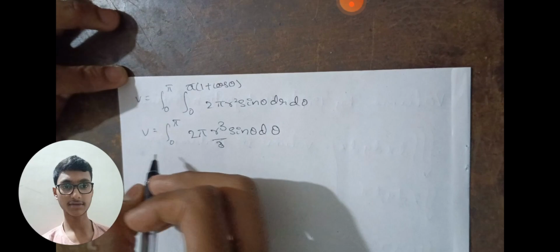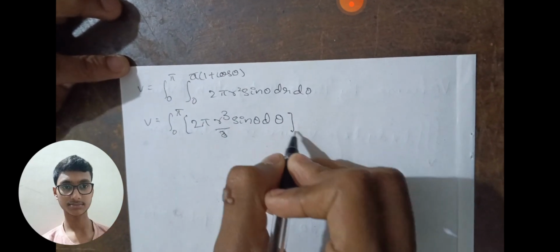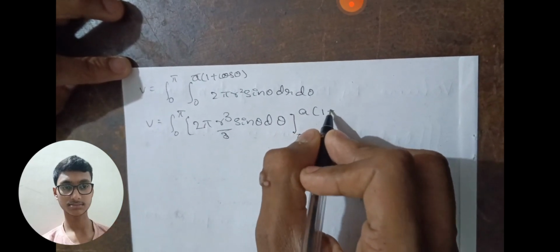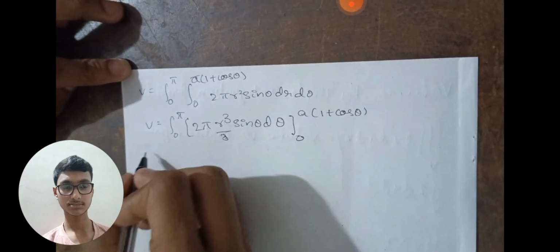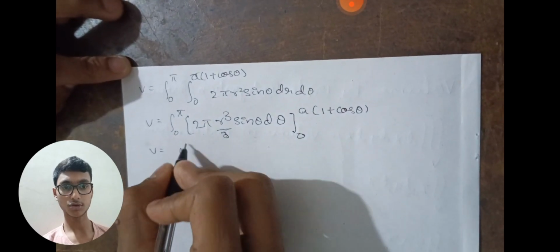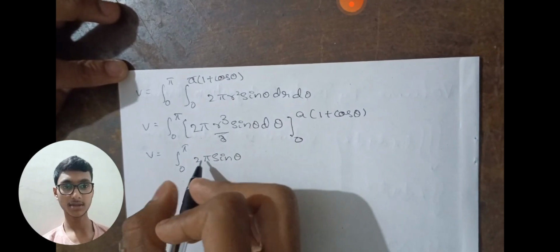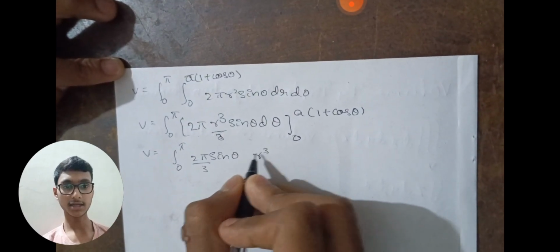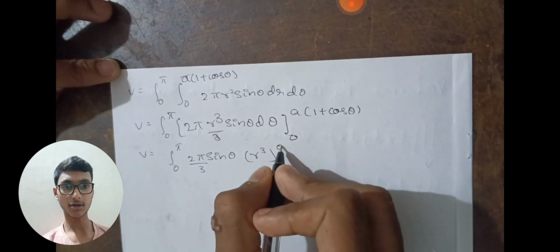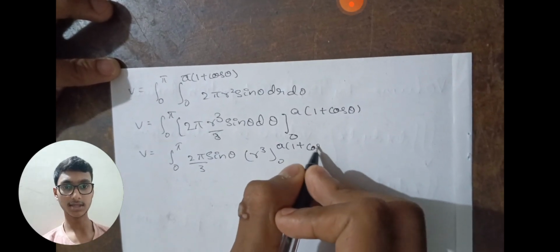Now let us reshuffle the equation. V is equal to integration 0 to pi of 2 pi sin theta by 3 times r cube, with limits 0 to a of 1 plus cos theta, d theta.